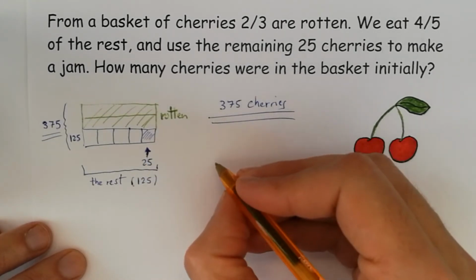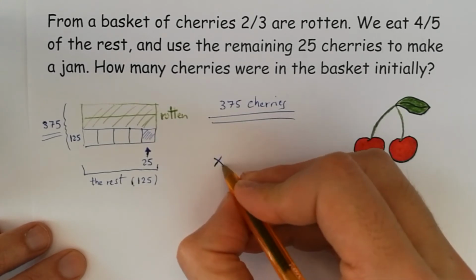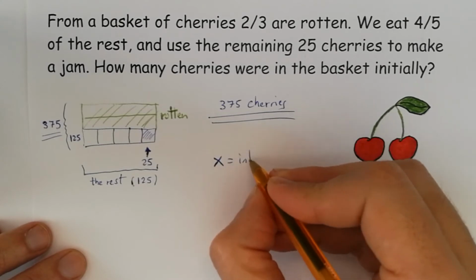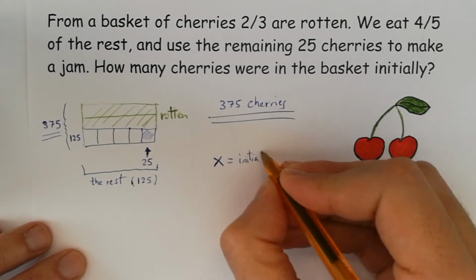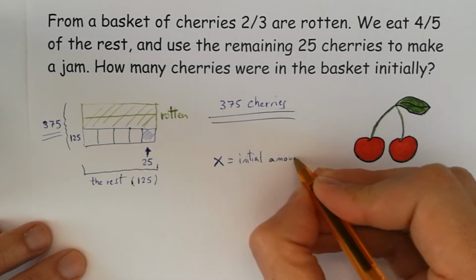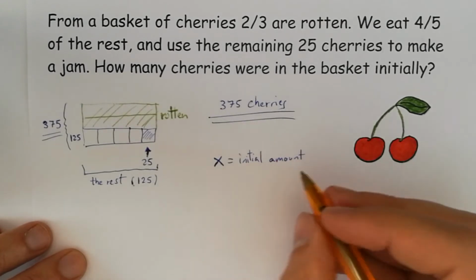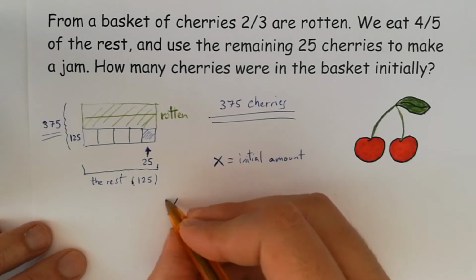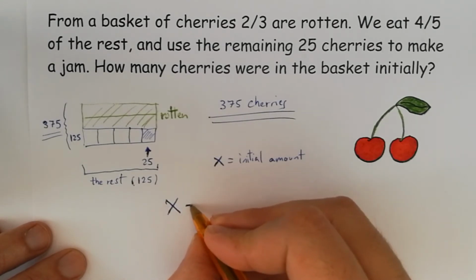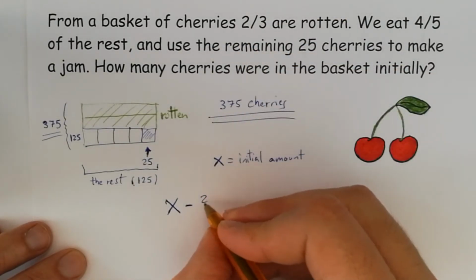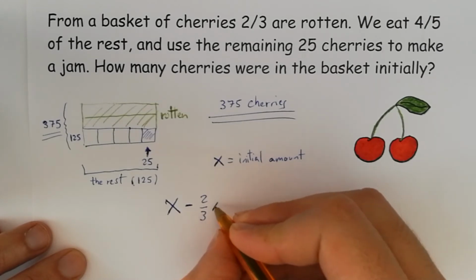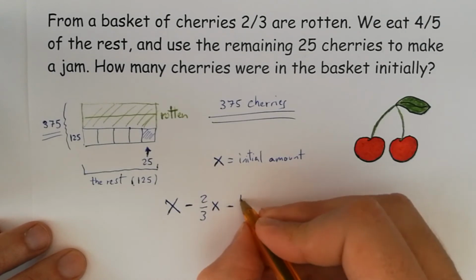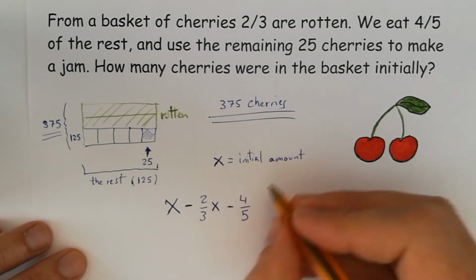If we use equations, we are going to call x the initial amount. And now we have this initial amount and we take away the 2/3 of the total that are rotten, and then we eat 4/5 of the rest.